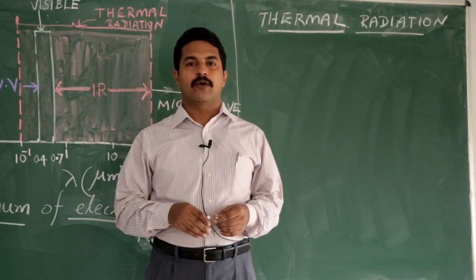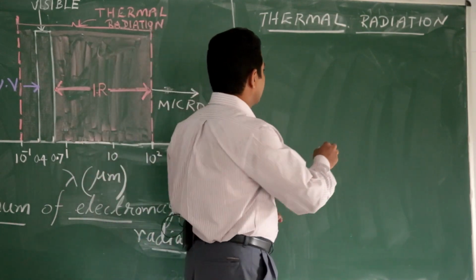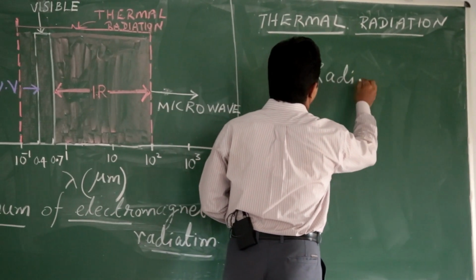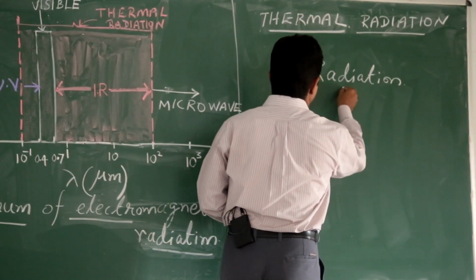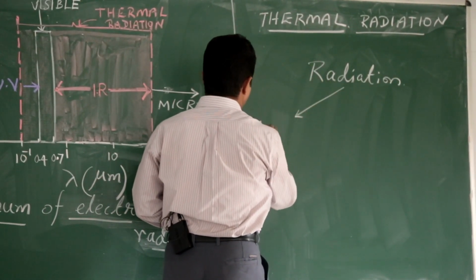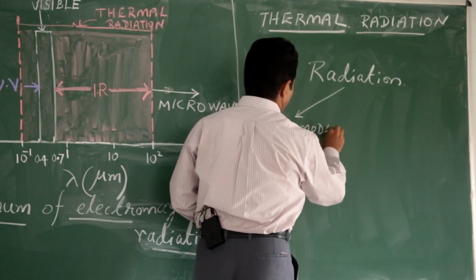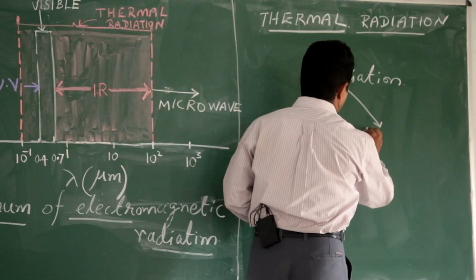Now we will see how the development of radiation happened. In radiation, there are two models. One is the wave model, and another one is the quantum model.